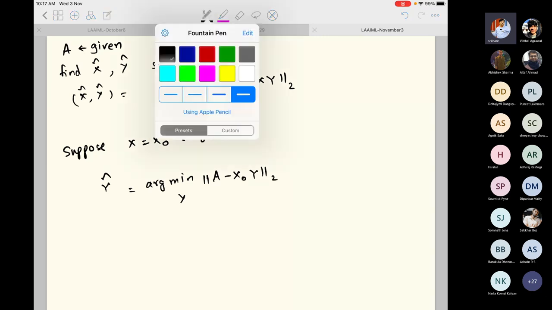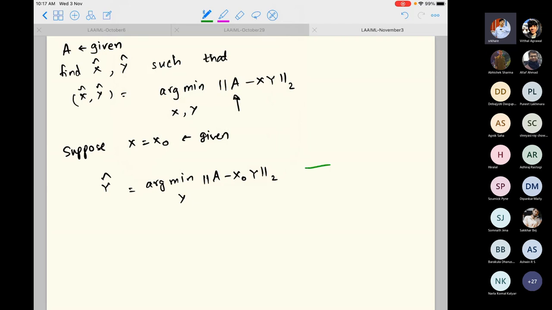And what is this problem? Is this problem familiar to you? Have we looked at it? Least squares. Exactly. This is a least squares problem. We have solved this problem so many times in the course so far. This least squares problem can be solved very quickly and efficiently, and the solution Y hat can be computed.